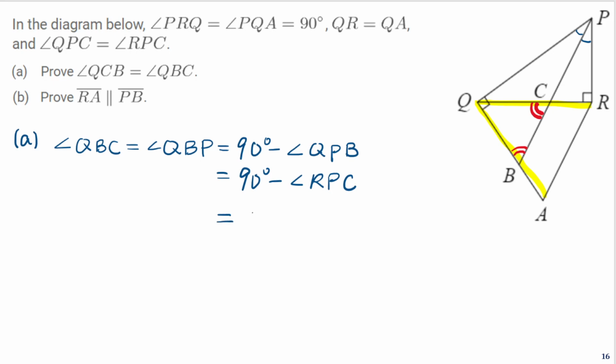And that equals angle PCR equals angle QCB. Can you see that? Because basically this angle plus this angle is 90 degrees. This angle plus this angle is also 90 degrees, and this angle equals this angle. So we know these two angles are equal, right?